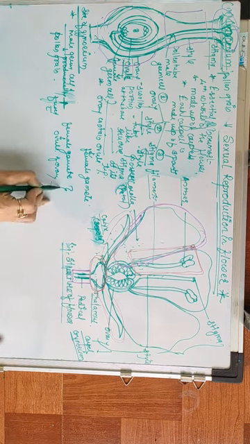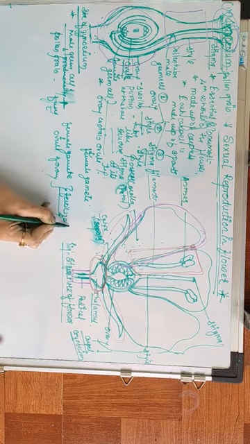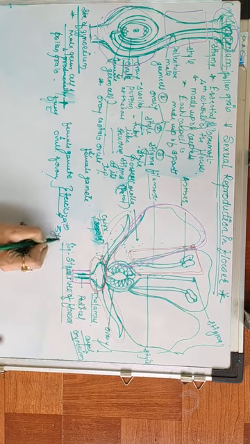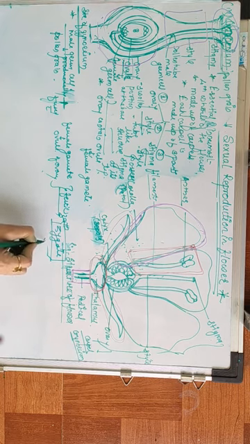It undergoes the process of fertilization, and gives us a zygote, which is capable of growing into a new plant.